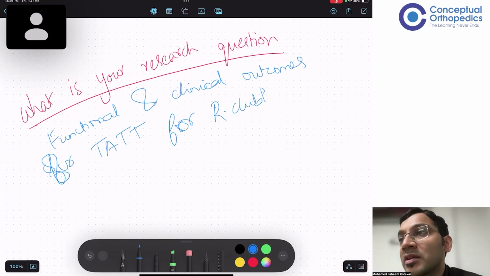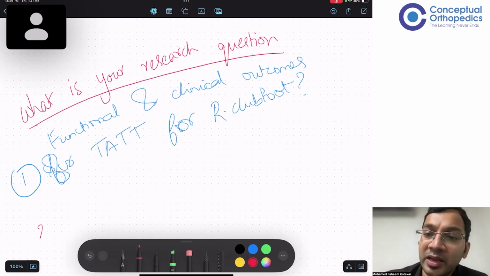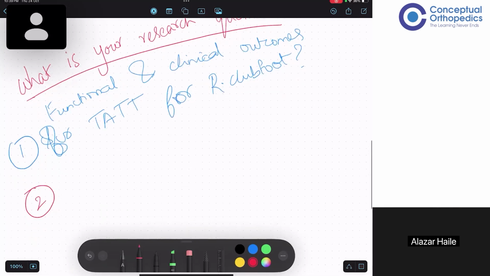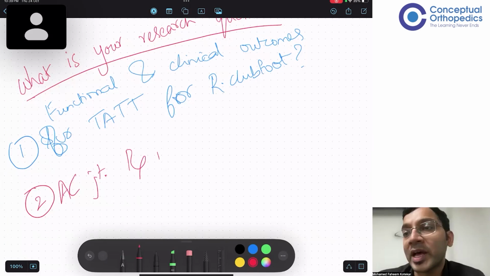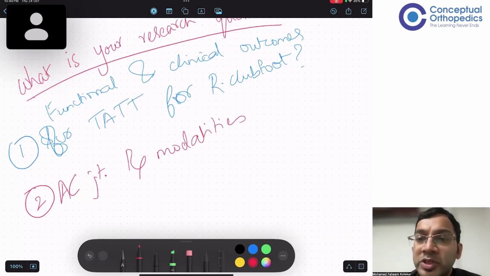Okay. So this is one research question that we have. We have another research question by Dr. Neha, who wrote about AC joint treatment modalities. Okay, so she meant AC joint dislocation treatment modalities.